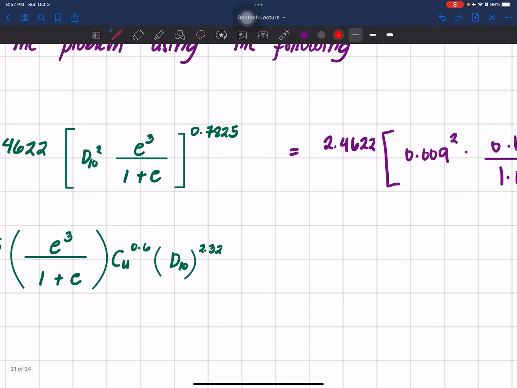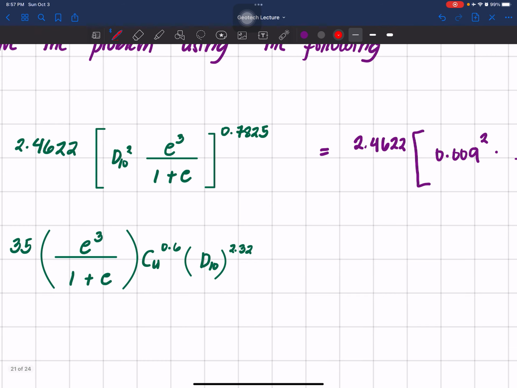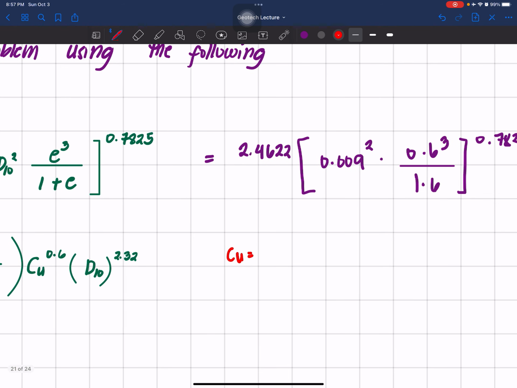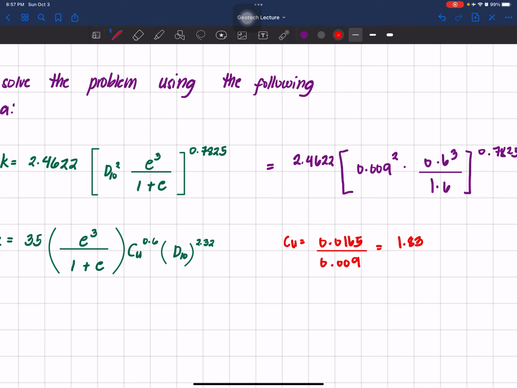Okay, so that's 0.0165. Now, let's compute for the uniformity coefficient. So, lagay ko dito, Cu equals D60, which is 0.0165 all over 0.009. Okay. So, yung Cu natin is 1.83. Okay, so substitute na natin siya sa formula.